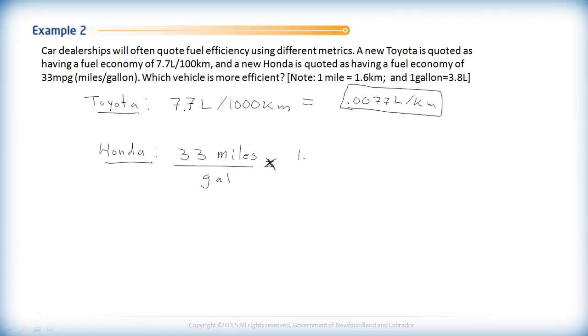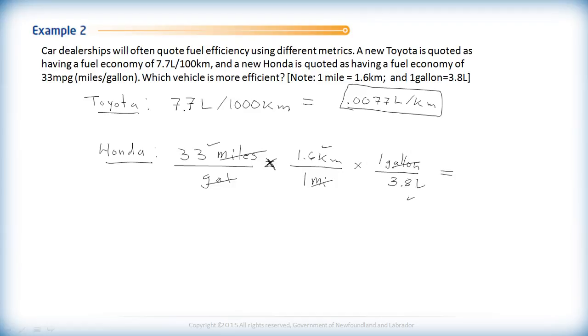I've got 1.6 kilometers per 1 mile, and that'll cancel out the miles. And then I've got 1 gallon per 3.8 liters, and that'll cancel out the gallons when I write that one that way. So I've got to take 33, multiply by 1.6, and divide by 3.8. Because the 3.8 is in the denominator, and that will give me my unit rate here.